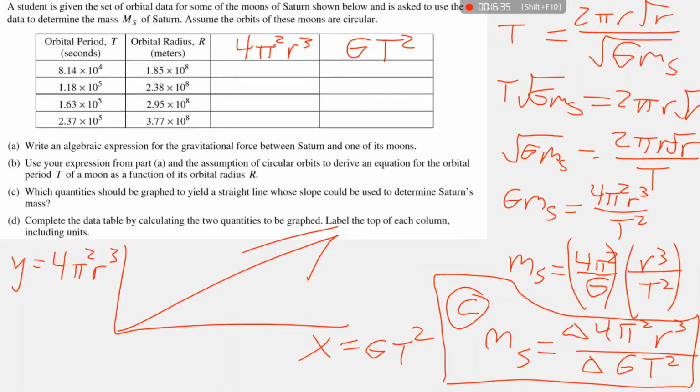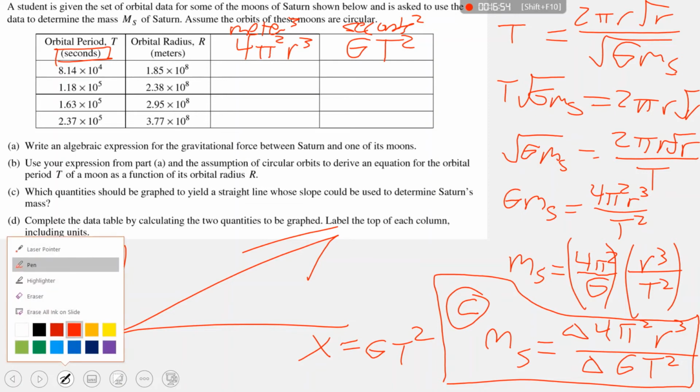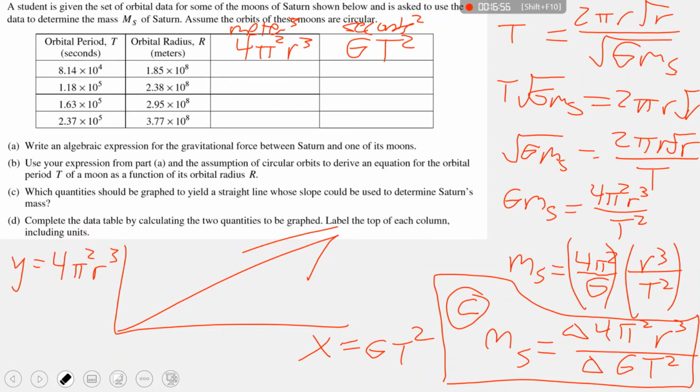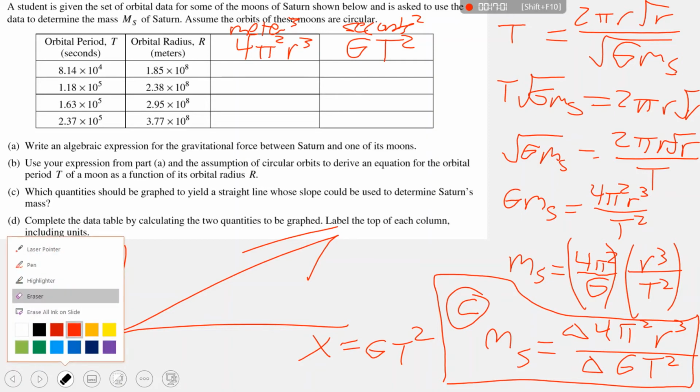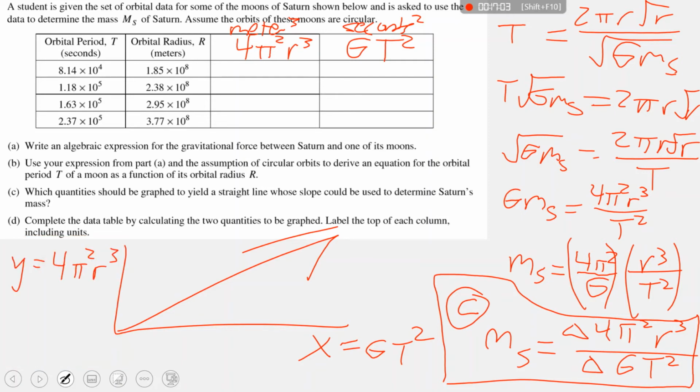Meter cubed, and second squared. If I was actually doing this on the test, I would erase this and then rewrite it the same way they did here, in words in parentheses. I think we're okay here, so you can see what's going on. I don't know if I'm going to be able to write that small, but we'll see.